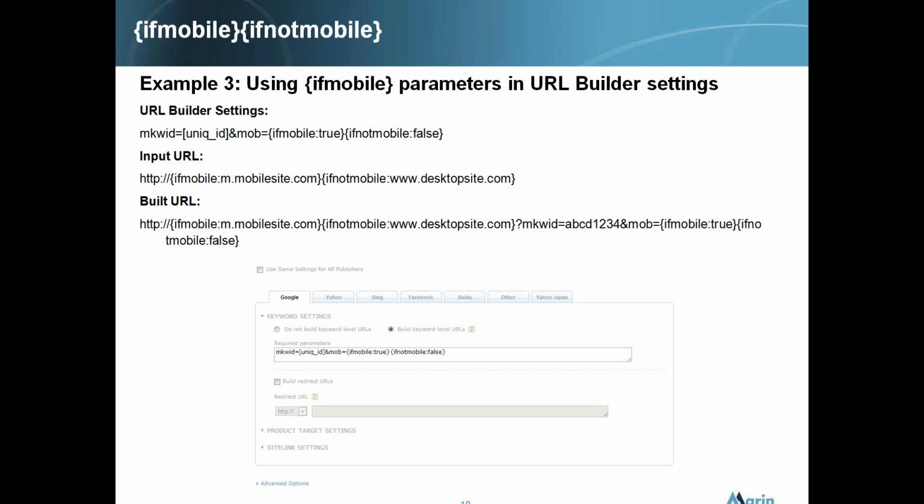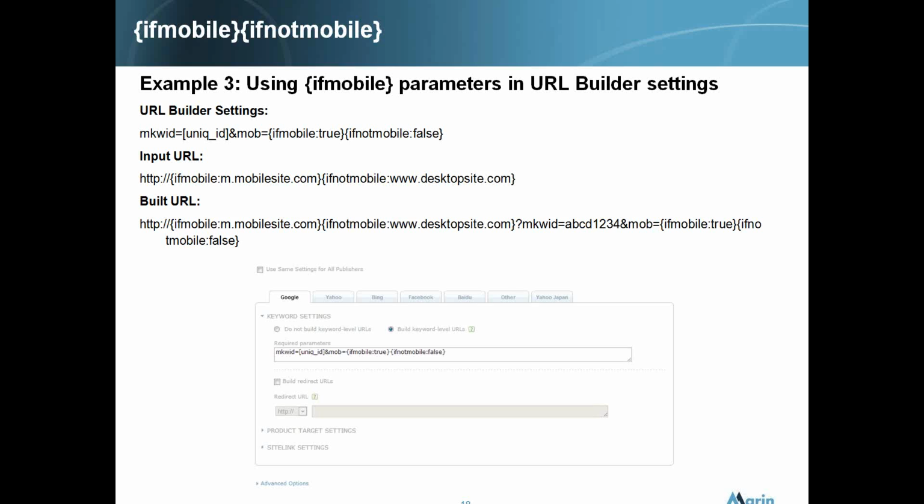If you're only using this to flip the URLs, which is most of the use cases that I'm seeing, then it will not be permanently in URL Builder. It will be part of your bulk upload sheet.